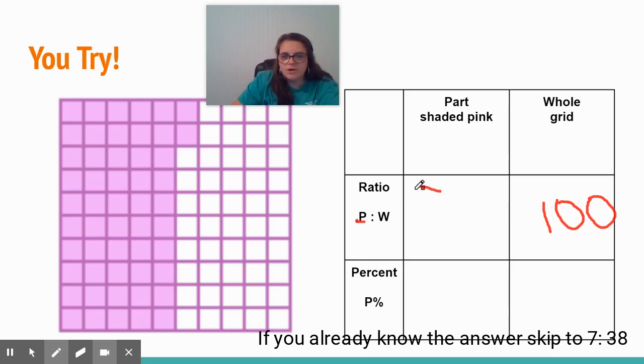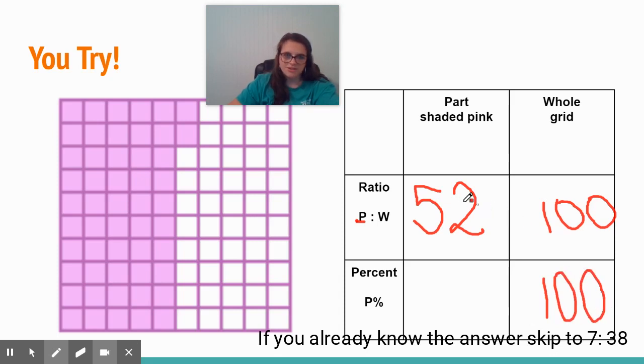All right, so the part of our grid that is shaded is 52. Then we can go down to our percent. We know that our whole, when we're working with percent, is always 100. You might be thinking, that looks like the same number. You're right.